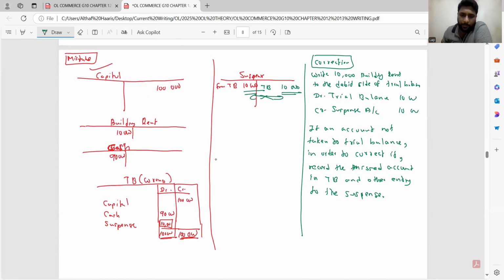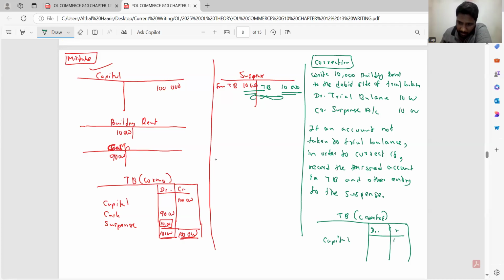So now if you prepare the corrected trial balance, you can take that amount and include it also. Corrected trial balance: debit, credit.